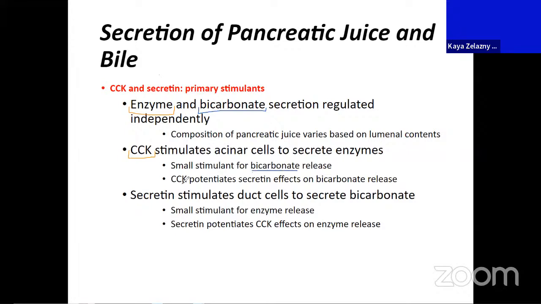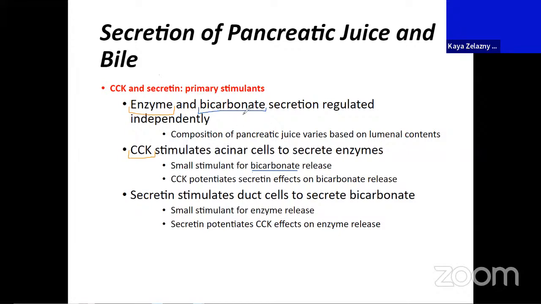It does this kind of domino effect where the CCK, its presence, makes the secretin more effective. Basically, that's what we mean by potentiates. So as it's a small stimulant for the release of bicarbonate, it's also making that secretin a little bit more effective at controlling the bicarbonate.